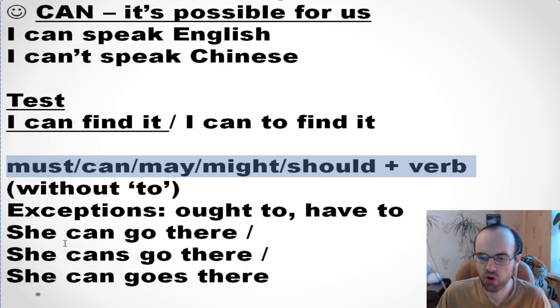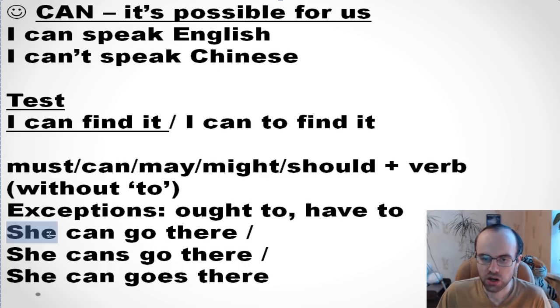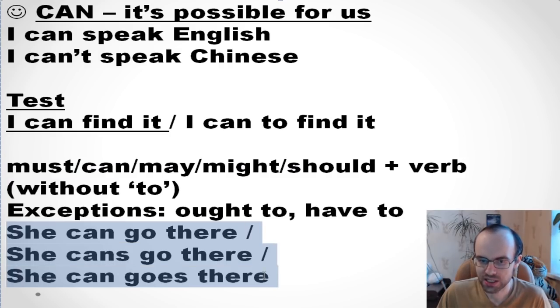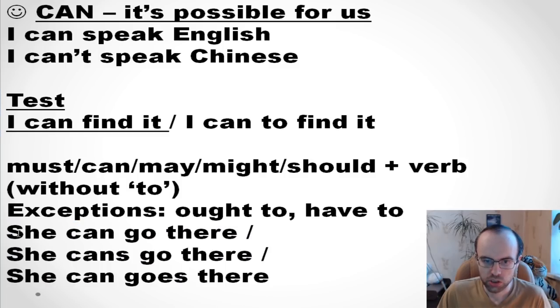Okay, my friends, more practice and more exercises for you. Which sentence is correct? Please choose the right sentence. We say, she can go there.